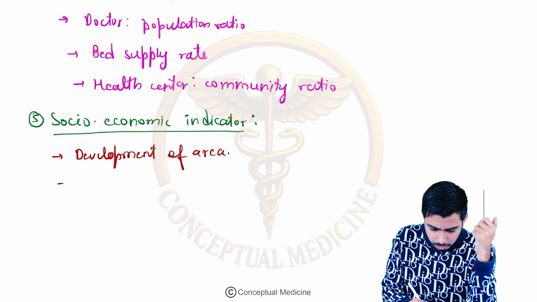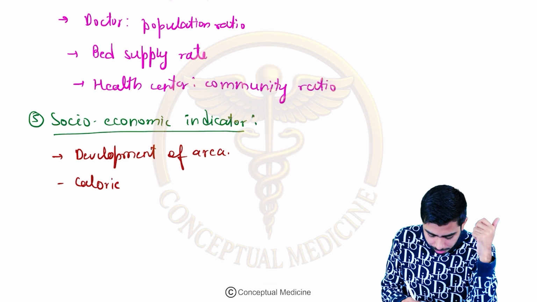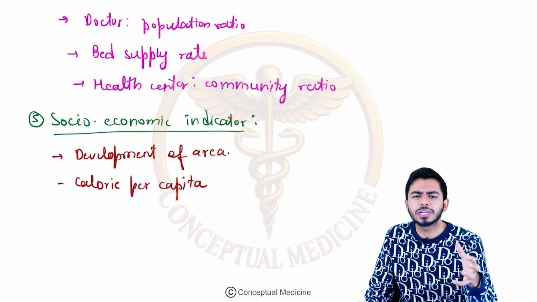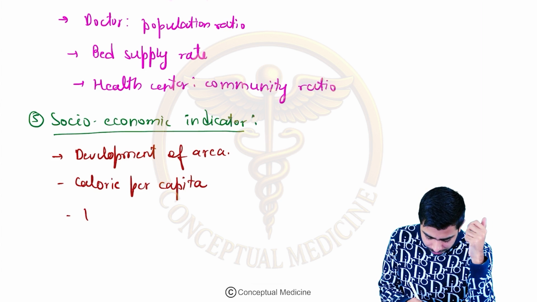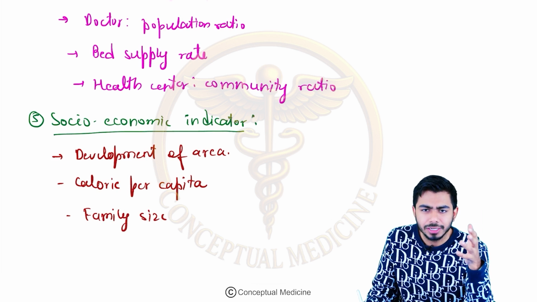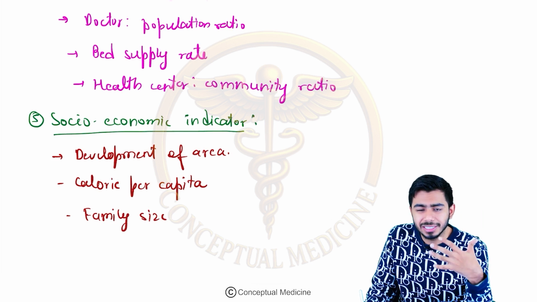For example, we can talk about the calorie per capita. These are the things which are actually included under this: calorie per capita, the family size, the growth rate, the dependency ratio, the literacy rate.